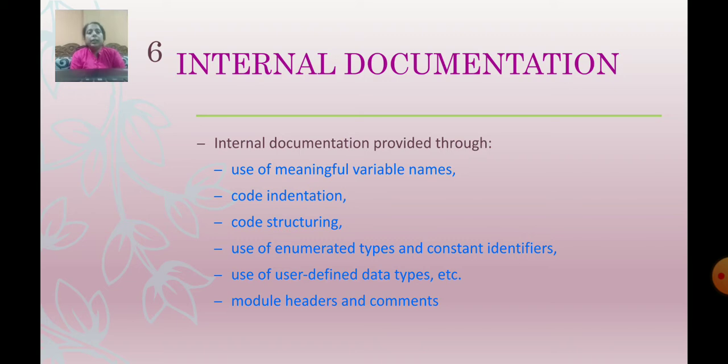Internal documentation is provided through the use of meaningful variable names, code indentation, code structuring, use of enumerated types and constant identifiers, use of user-defined data types, module headers, and comments.